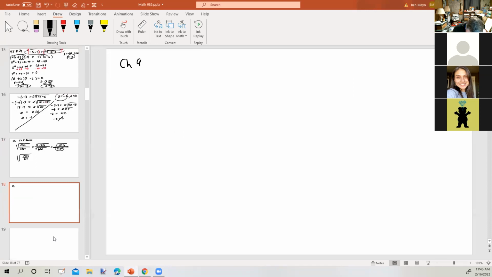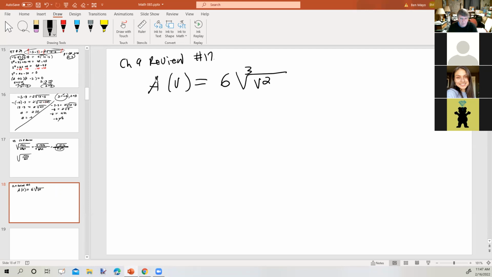So this again is from the chapter 9 review, number 17. It says the total surface area of a cube. Let me make this bigger here. The total surface area of a cube is related to its volume V by the function A of V equals 6 times the cube root of V squared. Find the surface area of a cube with a volume of 27 cubic centimeters. So basically you want to find A of 27 because that was the given value.